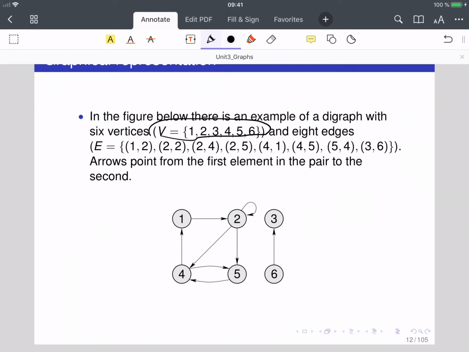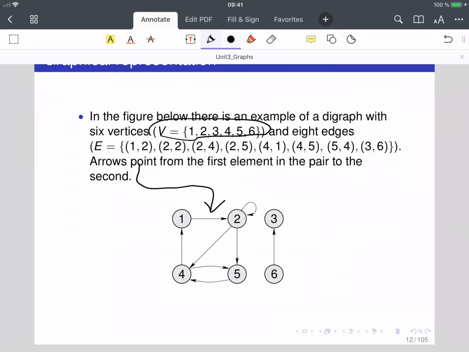They have a direction. They are directed. Okay, so for instance 1, 2 is this edge here, but notice that now we are representing the edge with an arrow, because we want to stress that the connection is from 1 to 2 and not in the other direction.